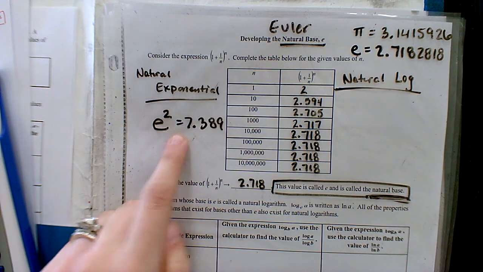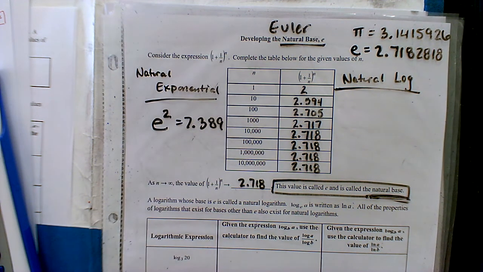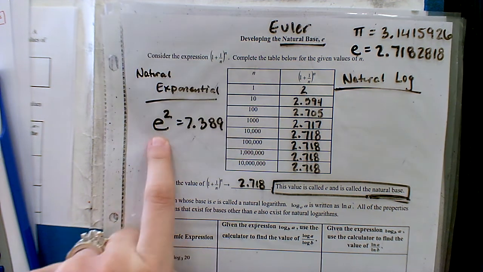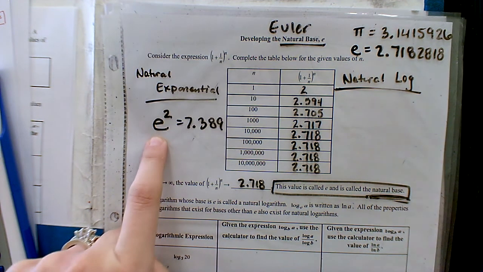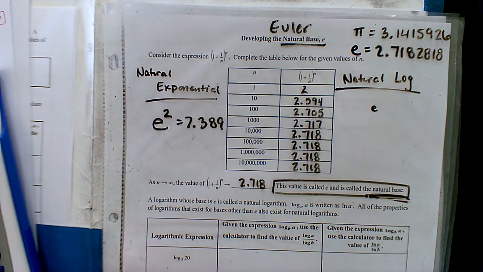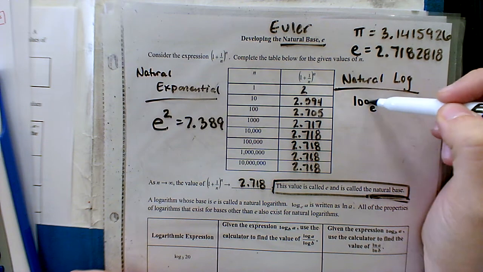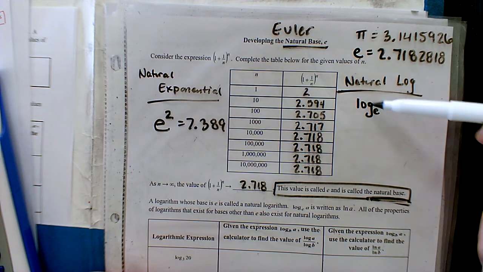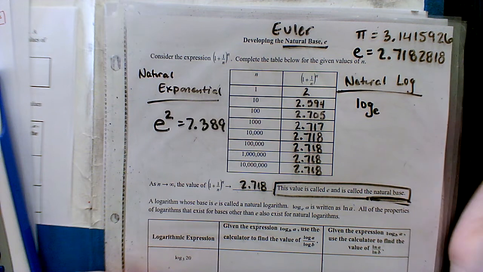If we were to convert this to a logarithm, like we did last week, if we have a base of e in the exponential, that would have to be the little base that we use for the log. So log with a little base of e.